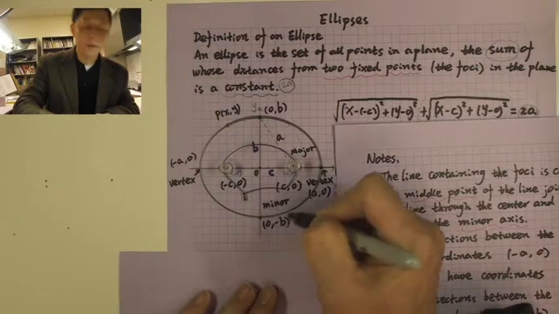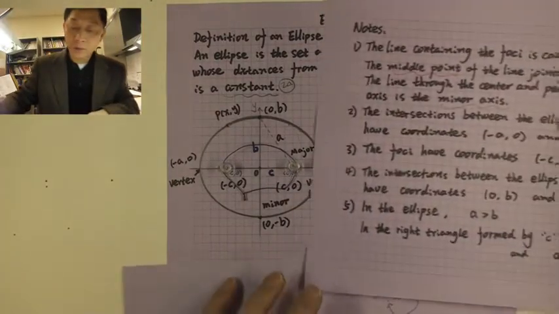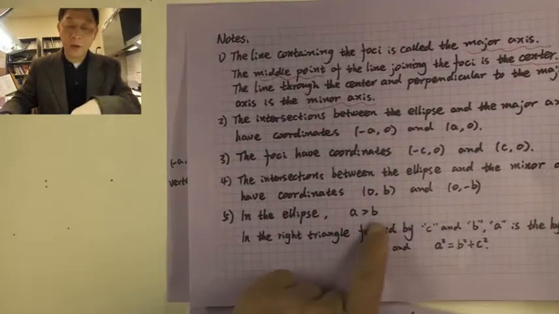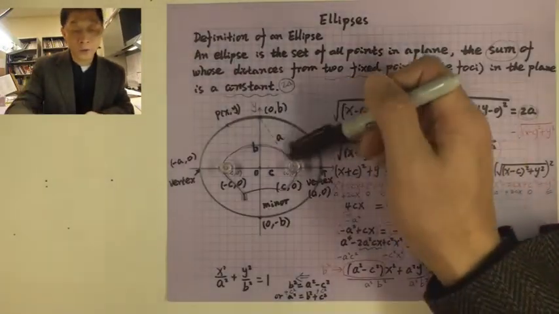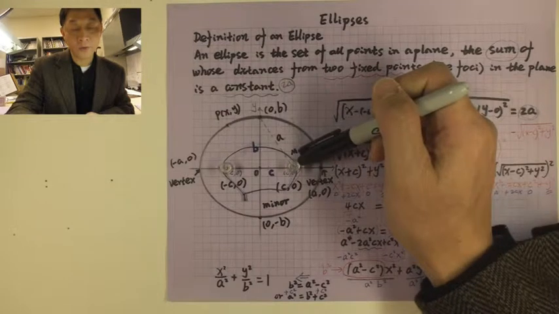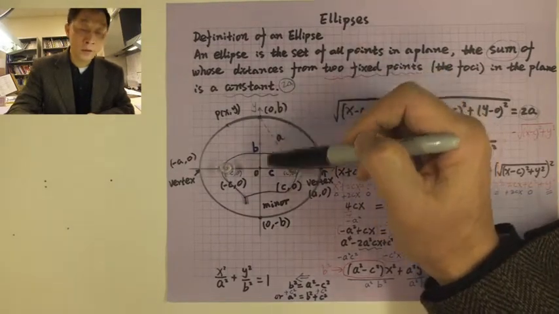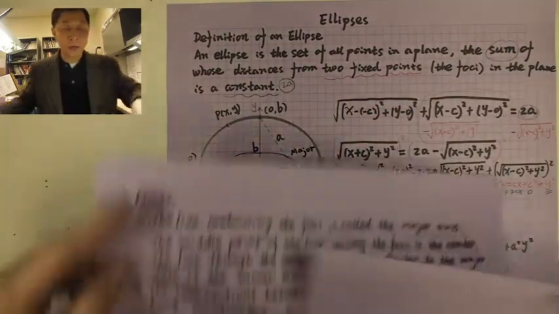Okay, you can mark that. And remember the note here, in the ellipse, a is always greater than b. A is the hypotenuse, so for sure it is greater than b, and a is also greater than c. Okay, those are the remarks.